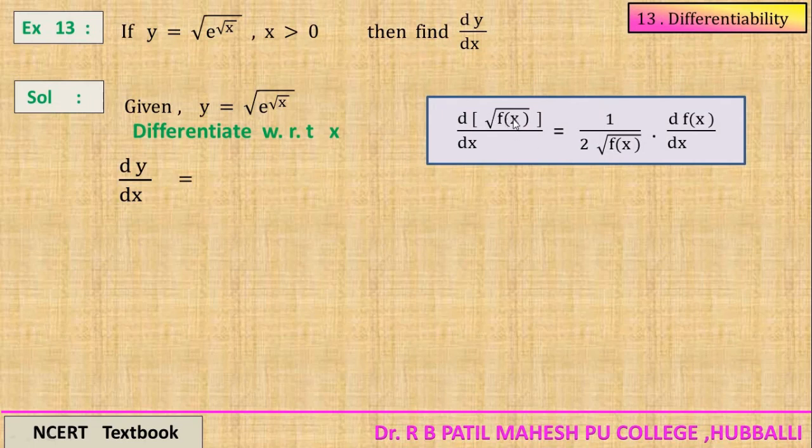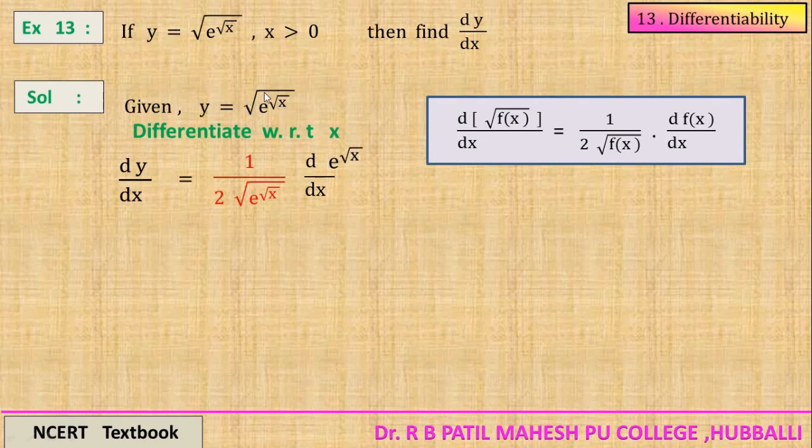Root f of x if we have, then it is written derivative 1 upon 2 same function and then inside function derivative. That means whatever this is written, it is the derivative of root, 1 by 2 same function. Follow like this, 1 upon 2 same function, that is root of e raised to root x into d by dx of inside the root what we have, function e raised to root x. Take that one. I hope you understood.